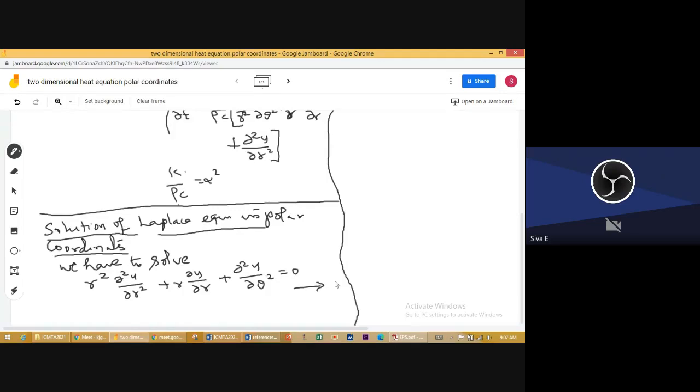Keep this as equation number 1. Okay, but what is the variable separable method?